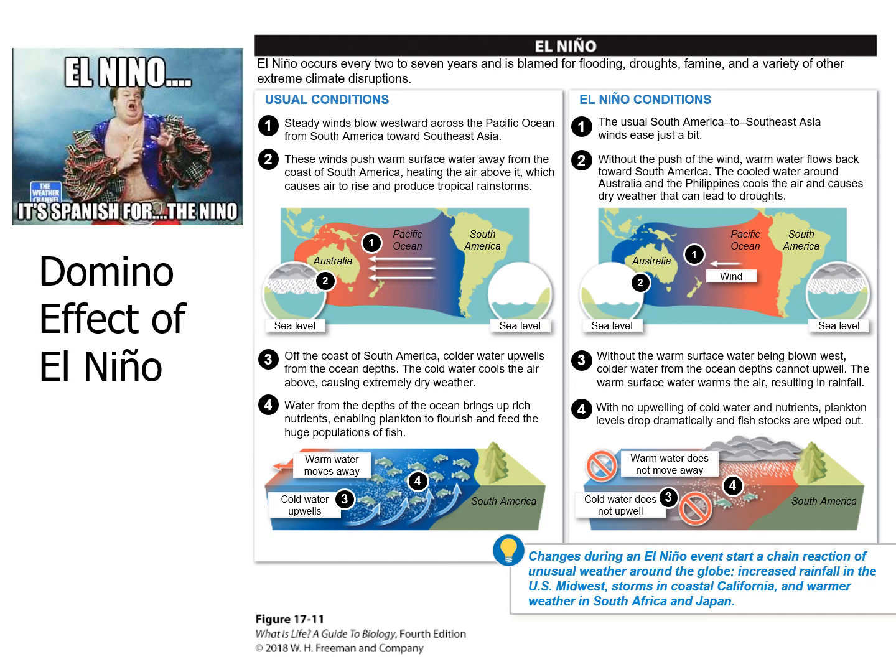Well, it's not Spanish for "the Nino," it is actually Spanish for little boy. It was named by South American fishermen who noticed periods of unusually warm water in the 1600s, and they would notice it around Christmas time.